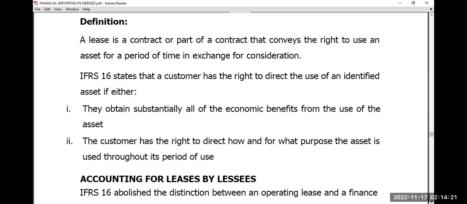When you have acquired the right to use the asset, you are supposed to determine whatever purpose you are going to be using the asset for. Those are basically the criteria that we could base on to say that the person has actually acquired the right to use a given asset.